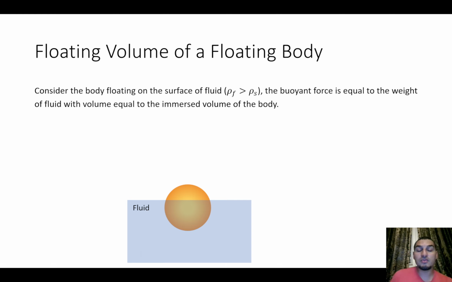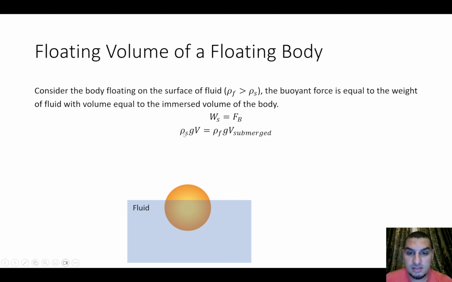For a body that floats, we agree that the density of the fluid is larger than the density of the solid body, but how much difference there is dictates the percentage of the body that will be immersed. If the body is under the surface, it will keep rising up and up until it reaches the surface, and then it will stop when it is at a state of equilibrium, which means that the weight is equal to the buoyant force.